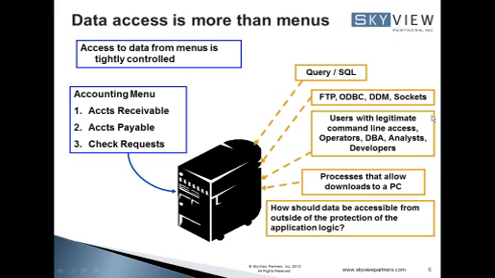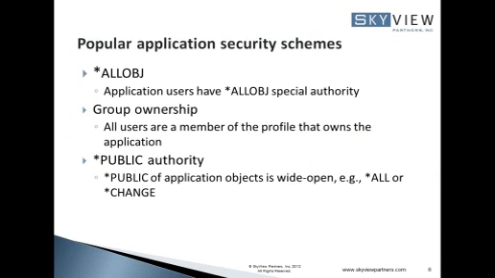And a lot of people fail to consider the fact that there are people that are not limited and can see a command line. Those are people typically like operators, database administrators, analysts, developers. They have legitimate command line access, and they can access this data as well. Then things like processes that allow downloads to PCs. So you really have to think about how exposed this data is and who should actually be allowed to see this data from outside of the application, namely these things on the right side of the screen.